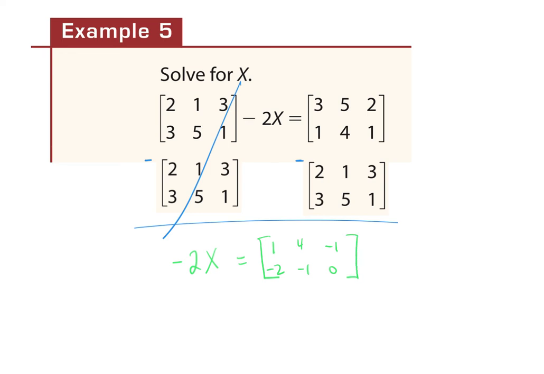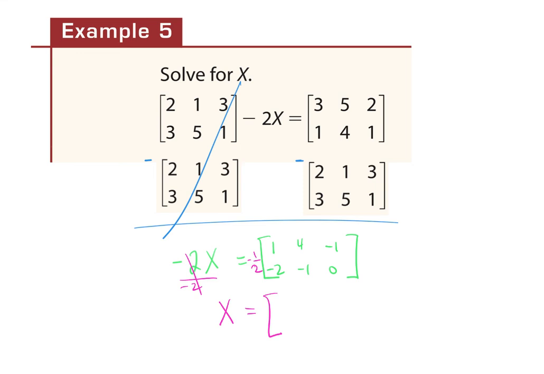And then I'm going to do exactly what you would think. So scalar multiplying by -1/2 is the same thing as dividing everything by -2 on the other side. And so if I'm dividing everything by -2, that's like multiplying everything by -1/2, which I can do. It's scalar. So my matrix is going to look like this.